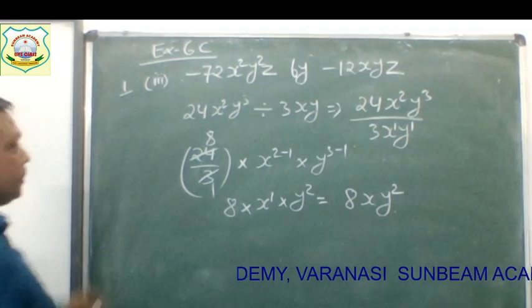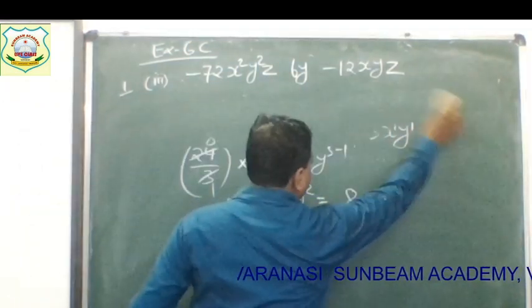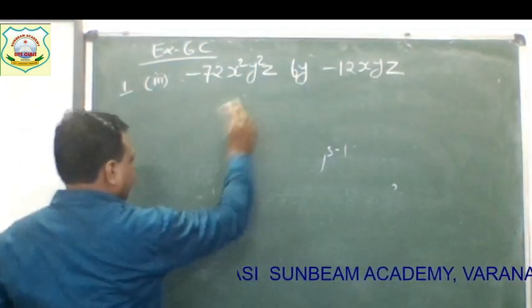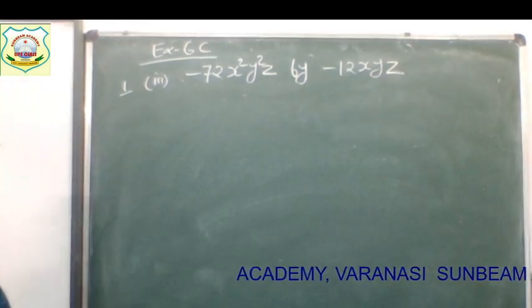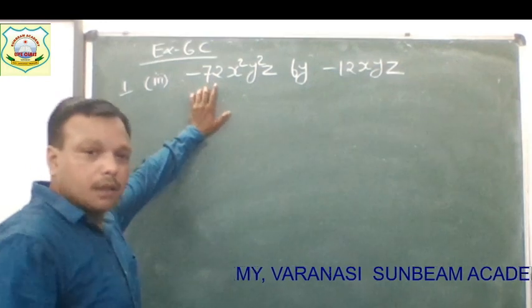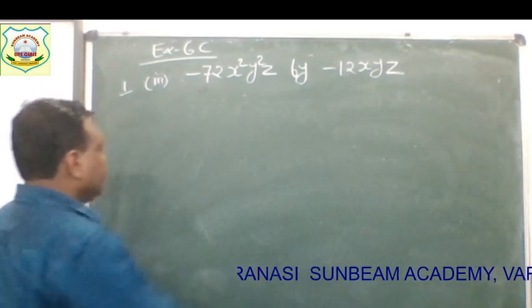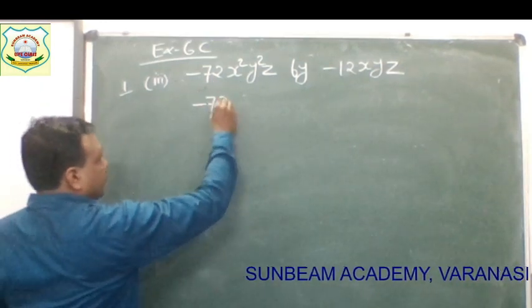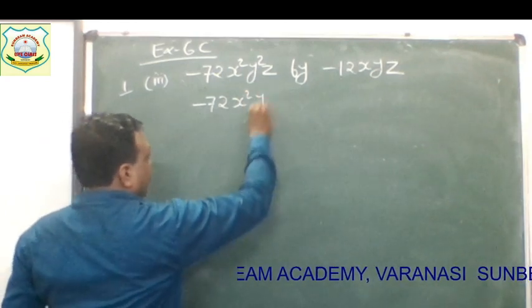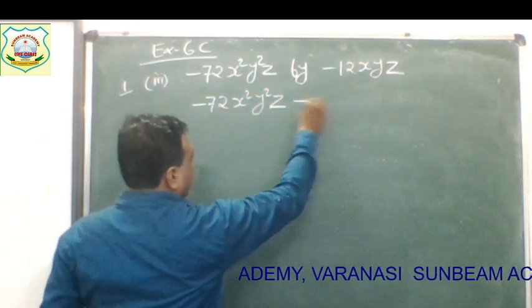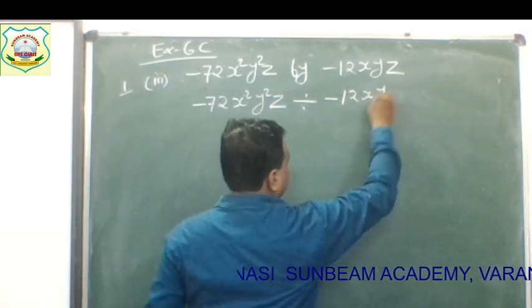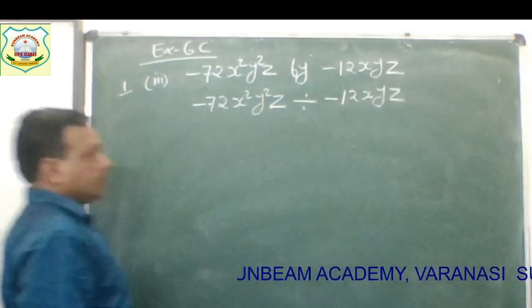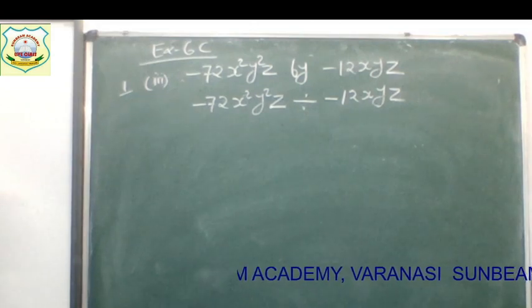Hope everyone has done it. First of all, you write the format. Clear? Divide format: minus 72x square y square z divided by minus 12xyz. Clear students? This way.